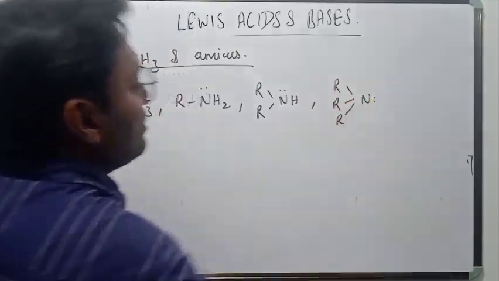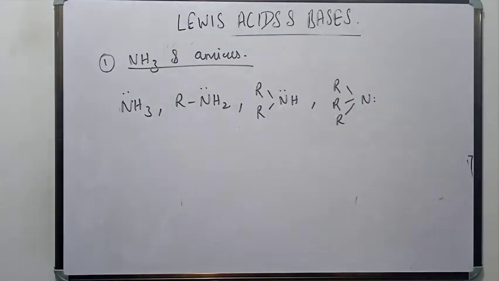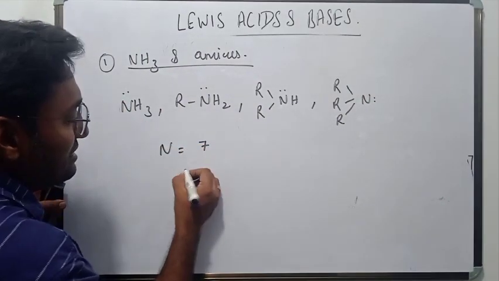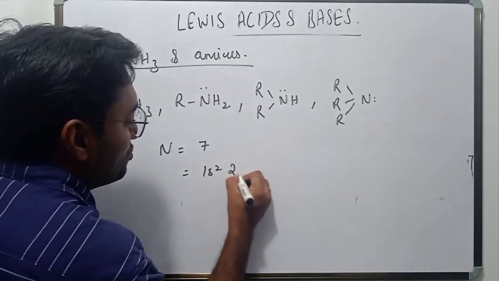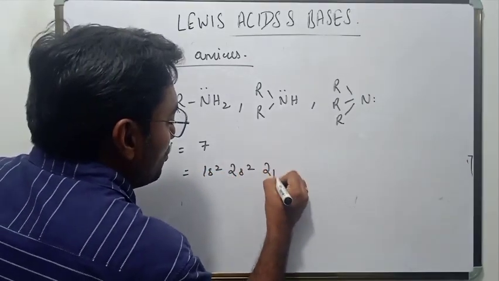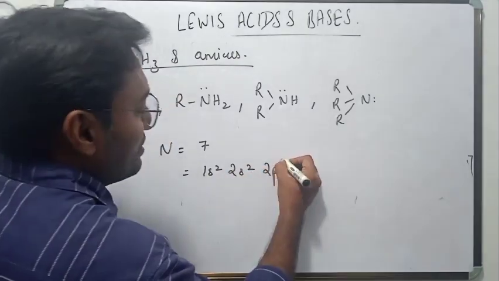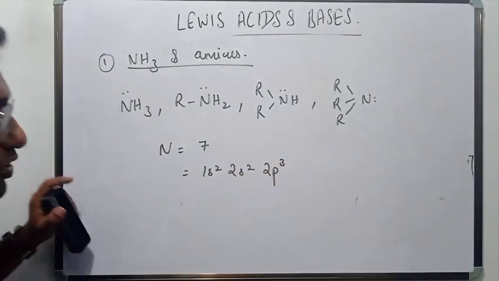Look at the lone pair of electrons in nitrogen. Nitrogen atomic number, what is it? 7. What is its electronic configuration? 1s2, 2s2, 2p3. Correct?